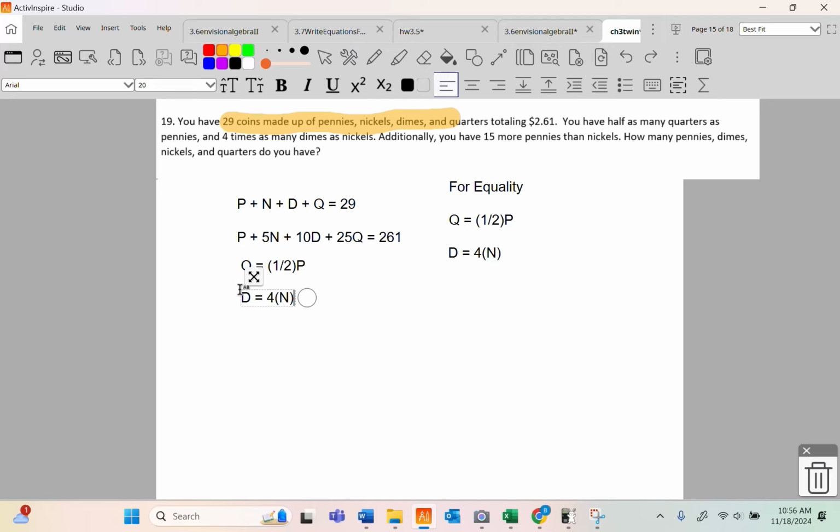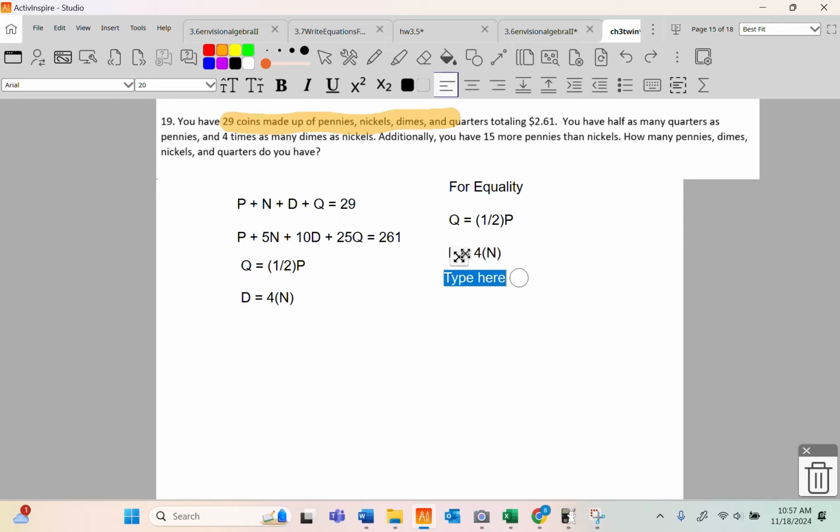In other words, it's saying you have 1 dime. Why do I feel wrong on that? If I had 2 nickels, I'd have 8 dimes. Yeah, that's right. Additionally, you have 15 more pennies than nickels.